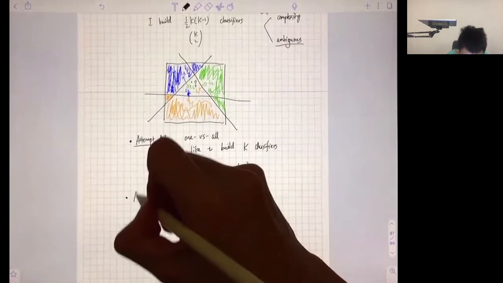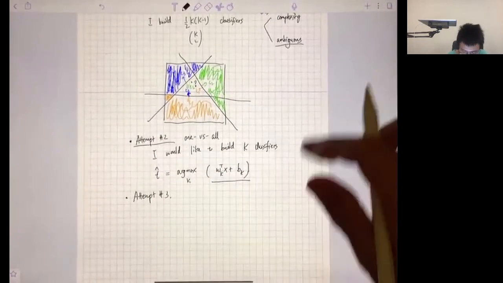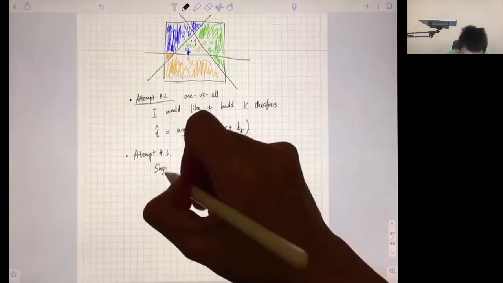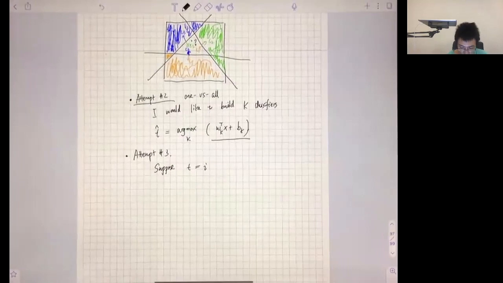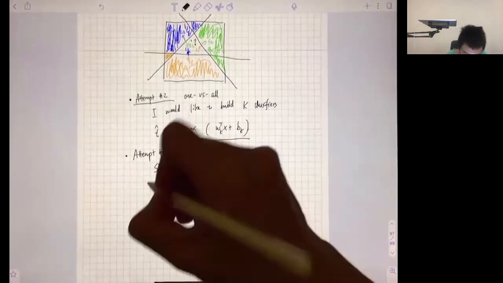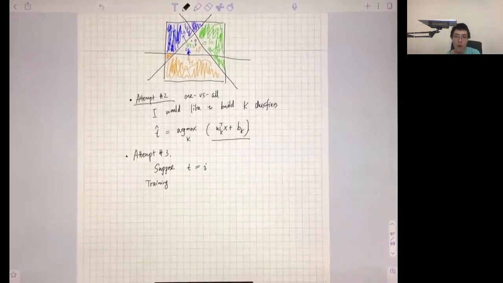And the third approach is a more structured approach. Suppose the category for some data sample is I, or CI. Then in my training, I'm not only training one binary classifier at a time, but I consider all the labels during training.